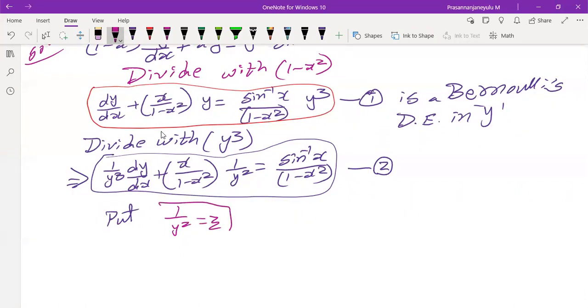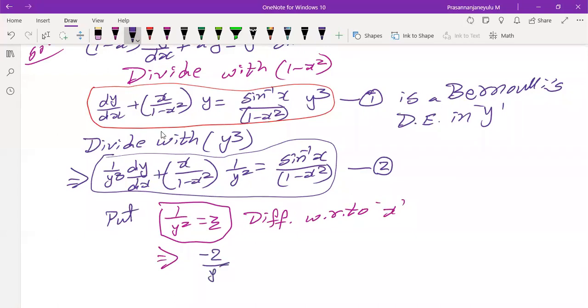Whenever we substitute a new variable, what do we have to do? Differentiate on both sides with respect to the independent variable in equation number 2. What is the independent variable in equation 2? x. Then if we differentiate, what do we get?